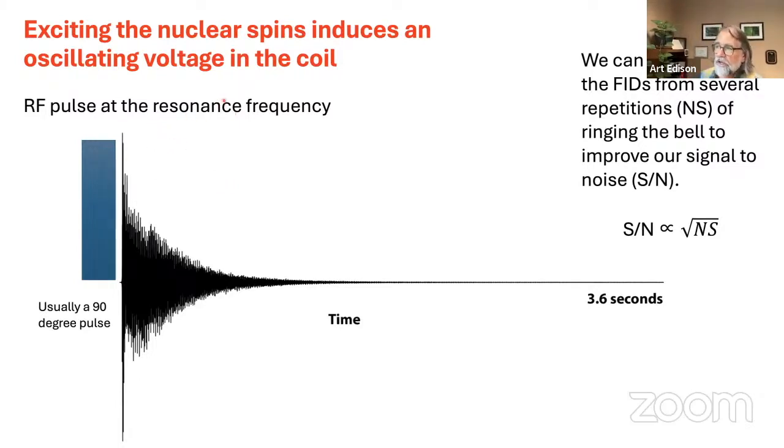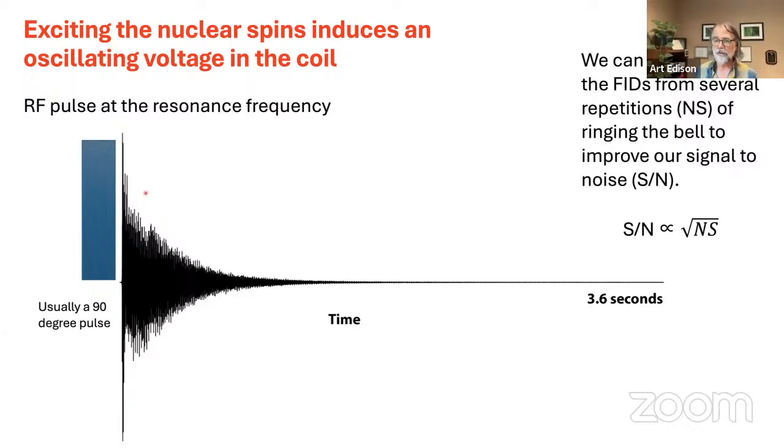So the analogy is that this pulse right here, this 90-degree pulse that John is going to illustrate, is a lot like ringing the bell. The response of that bell is a lot like listening to a record on a phonograph, shown right here. We can also add together this whole thing multiple times, and the signal to noise of our NMR experiment will go up.